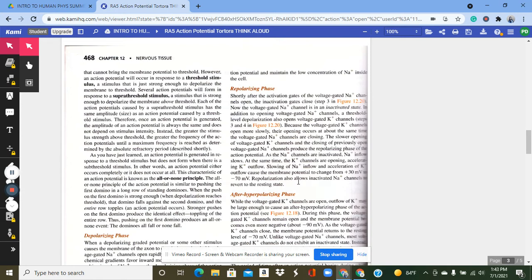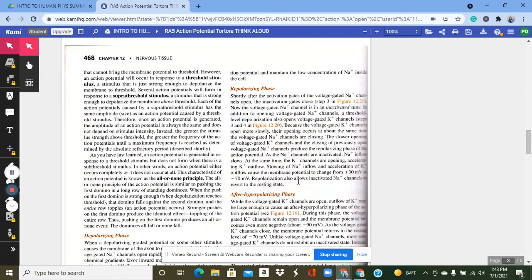As the sodium channels are inactivated, sodium inflow slows. At the same time, the potassium channels are opening, accelerating potassium outflow.